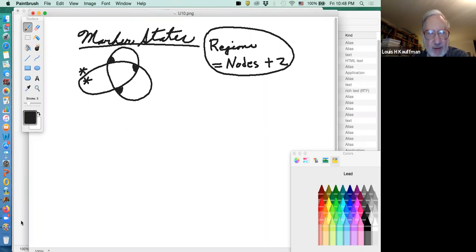And I call that a marker state. So a marker state has exactly one marker per region.